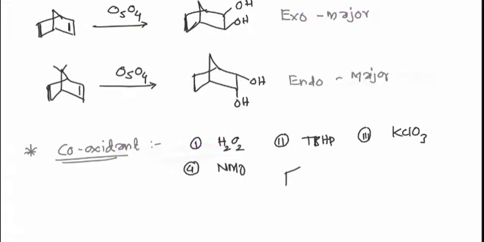What is morpholine? It has oxygen and nitrogen, and here this is the methyl. So this is N-methyl morpholine N-oxide, simply called NMO. And sometimes we have tertiary amine oxides.